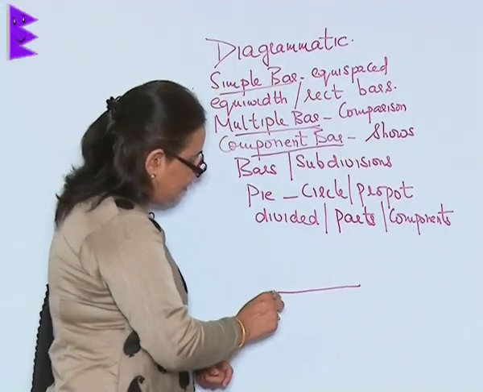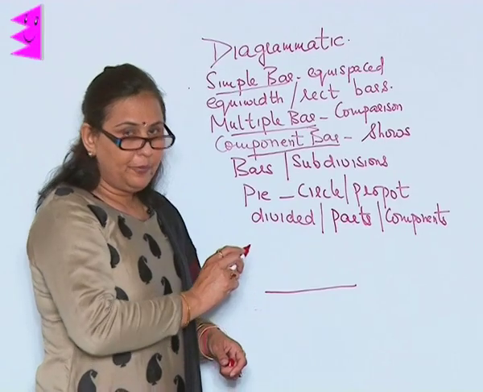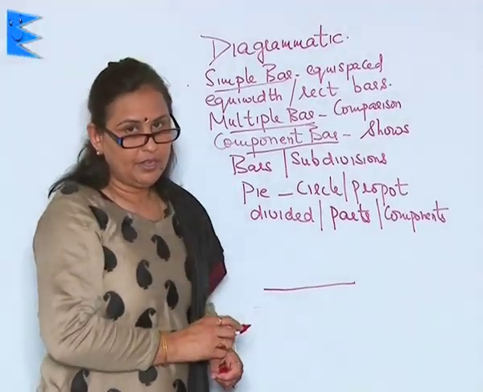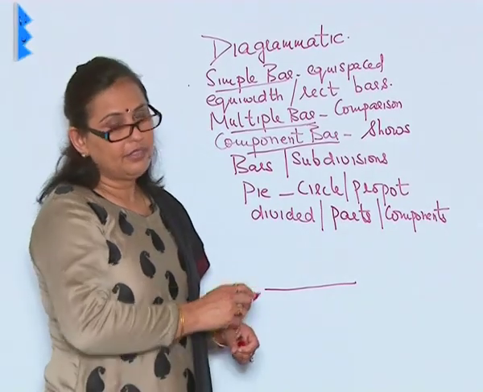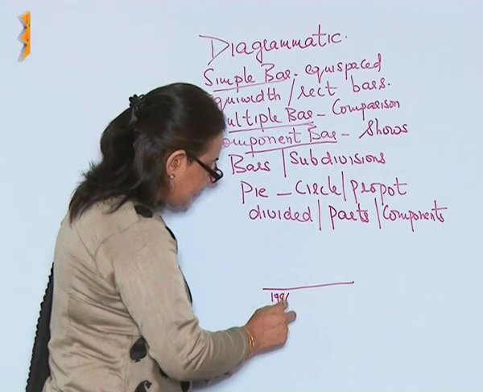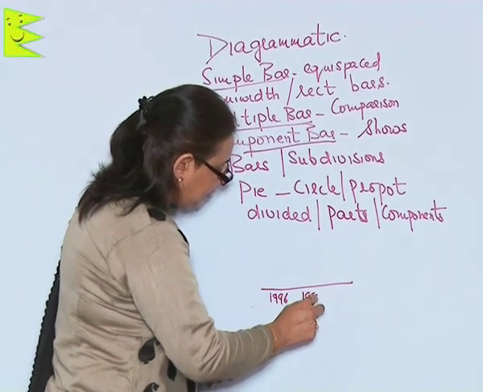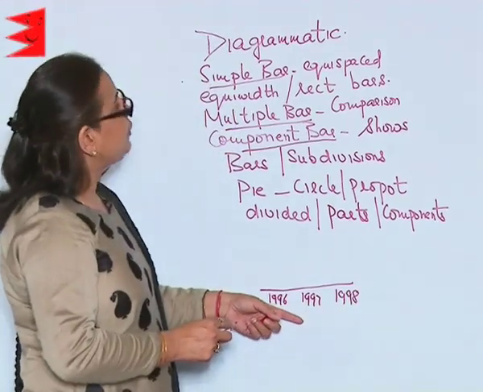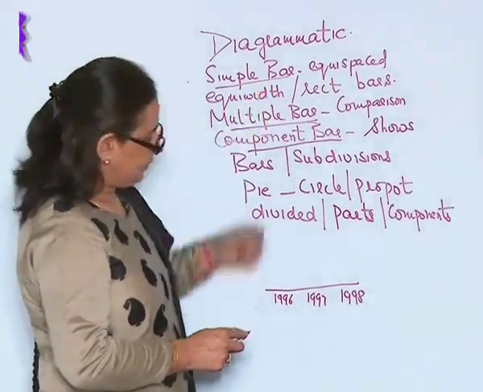the number of students who have passed the class 12th examination in the following years. When I say 1996, 97, 98, this I am going to present through a simple bar.